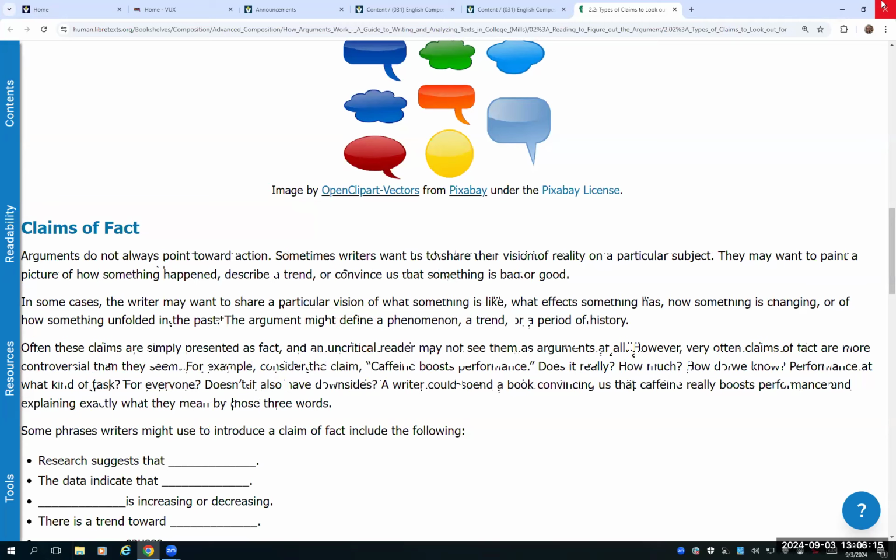A writer could spend a whole book convincing us that caffeine really boosts performance and exploring exactly what they mean by those 3 words. So even though that may look like a fact, there's not a lot of evidence, if we're just looking at those 3 words, provided that tells us that that should be accepted as 100% fact, no arguing.